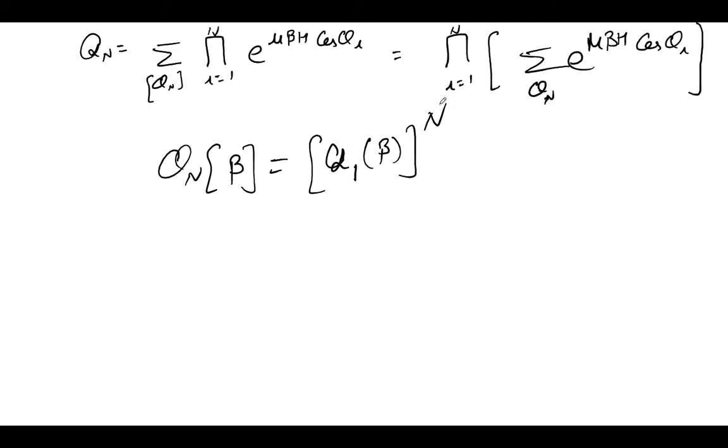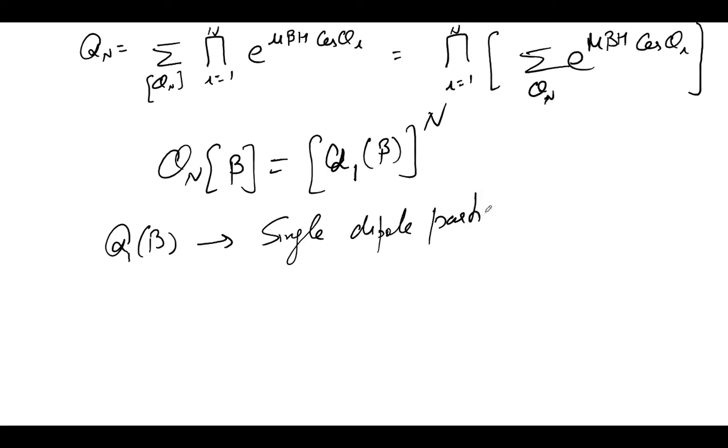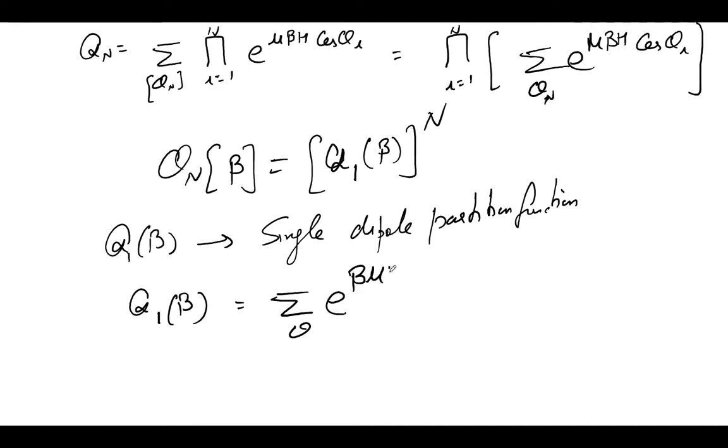So here Q1 of beta represents the single dipole partition function. From the above equation, Q1 of beta is the summation over theta of exponential of beta mu h cos theta.